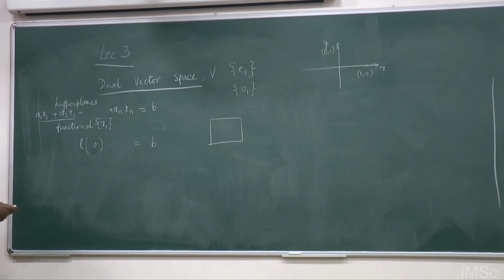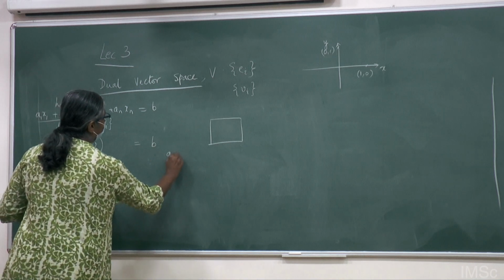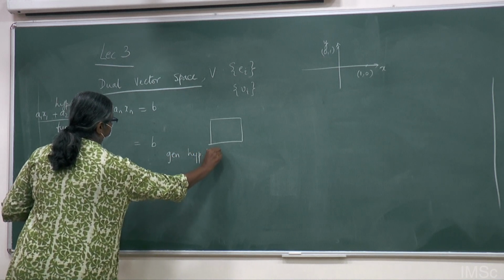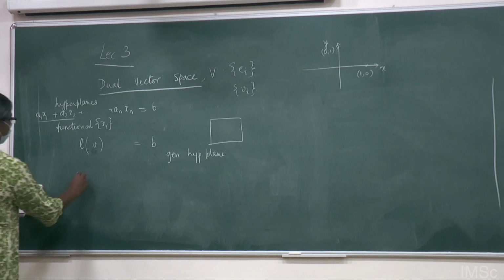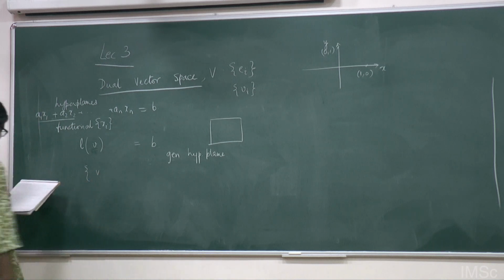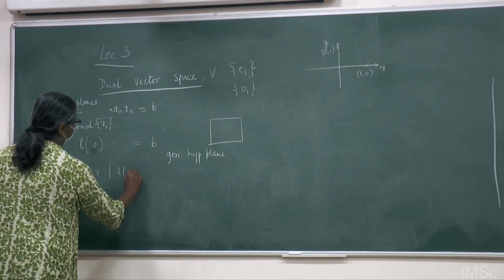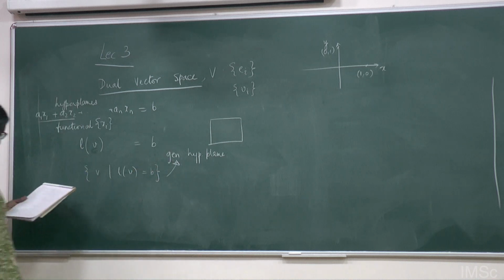Now what you have is that this equation therefore is the concept of a generalized hyperplane in that arbitrary space which need not be a flat space. So I take a set V such that L of V gives me B, and this describes a generalized hyperplane.